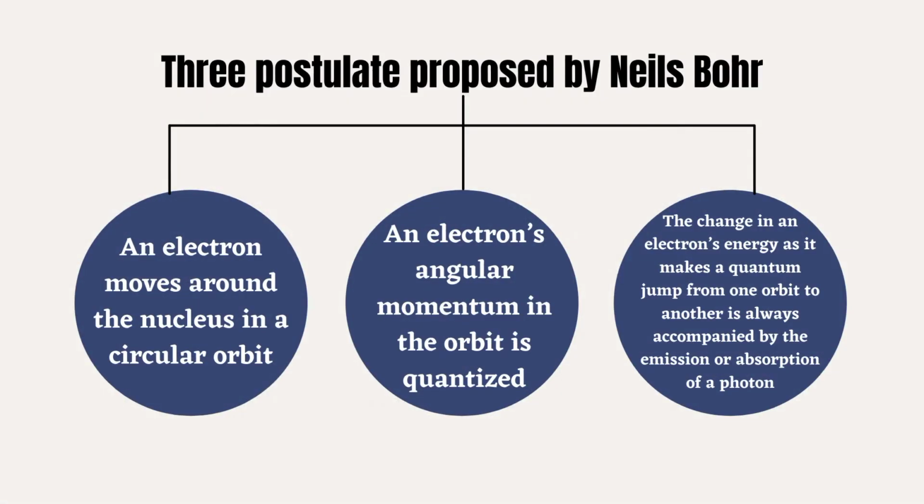These three postulates of the early quantum theory of the hydrogen atom allow us to derive not only the Rydberg formula but also the value of the Rydberg constant and other important properties of the hydrogen atom, such as its energy levels, its ionization energy, and the sizes of electrons' orbits.